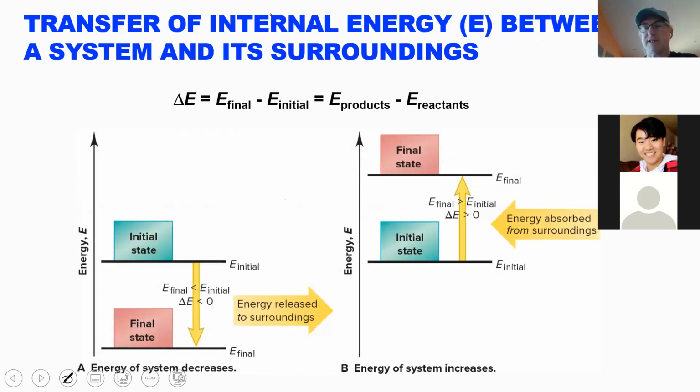And we can look at this, which is basically an energy diagram explaining how we measure energy as positive or negative. If energy is released, on the left side, we see the initial state is above the final state.